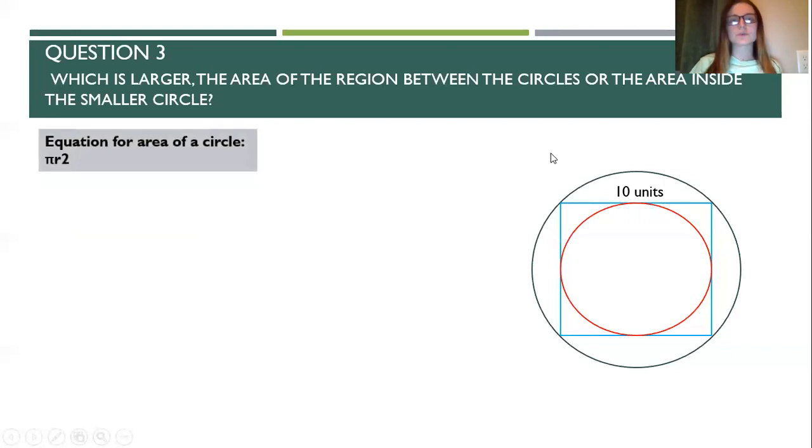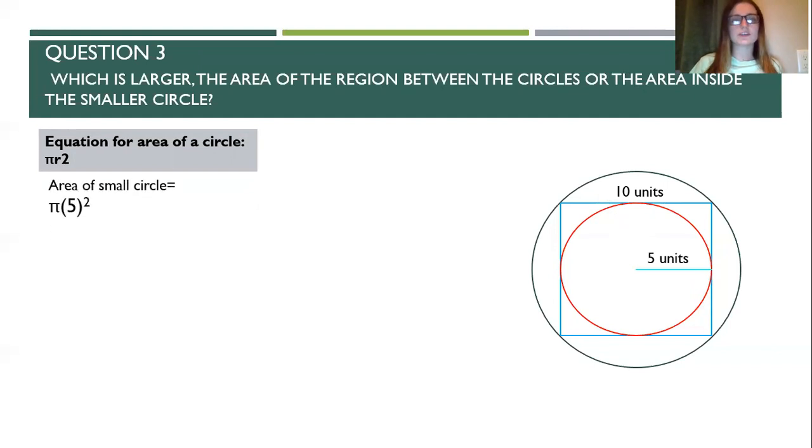First we have to know the equation of the area of a circle, which is pi times radius squared. As you see, the side lengths of our square are the same as the diameter of the small circle. So the diameter would also be 10, which means that our radius is 5 units.